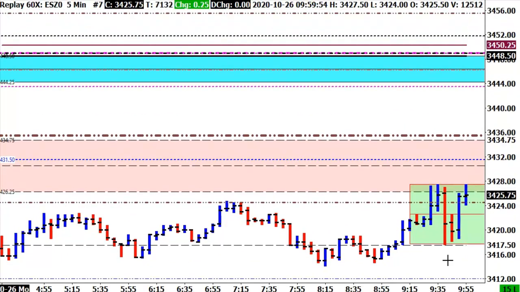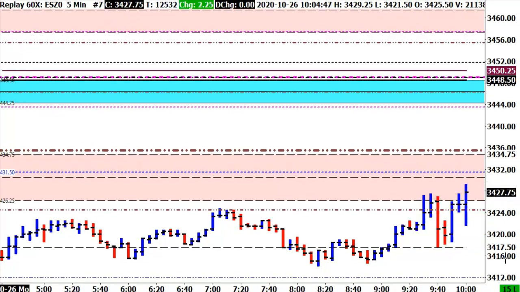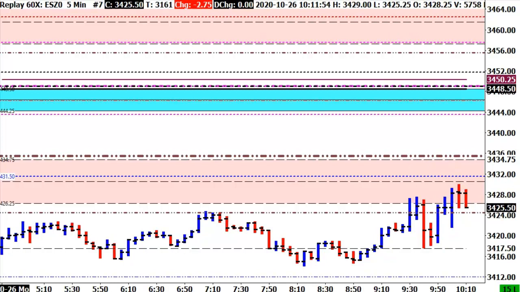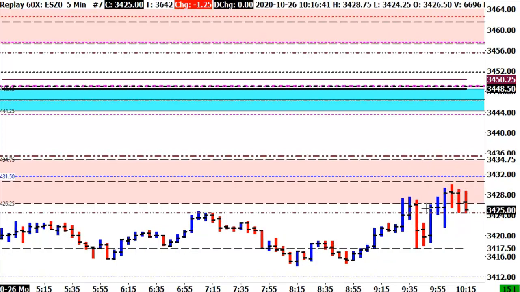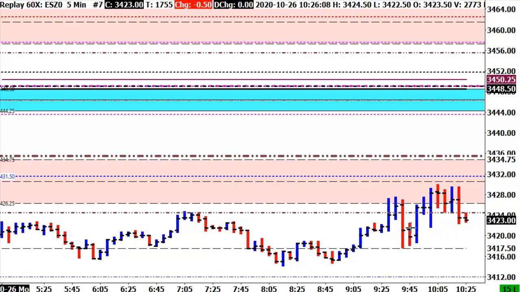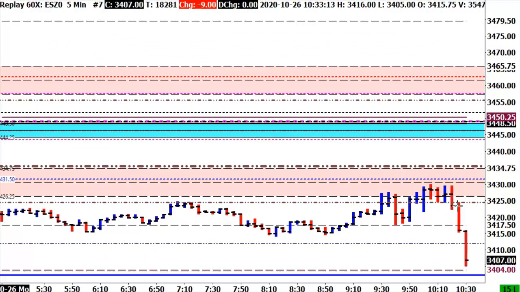So in that circumstance, what I do is watch any test of the most extreme power zone, whether we're above or below, to see if price acts like it wants to go at least back inside, right? That's what I was watching for here. We were clearly testing the low power zone from below, and then we started to get this action, right?